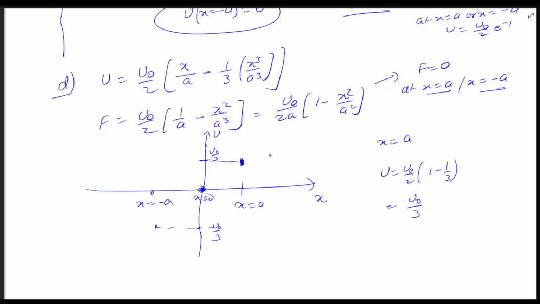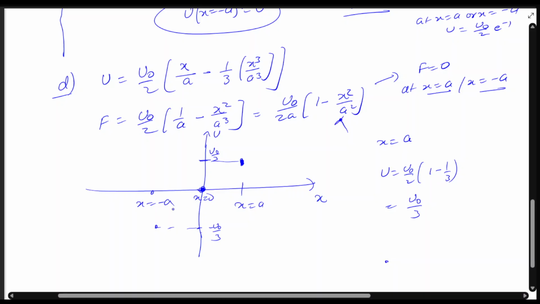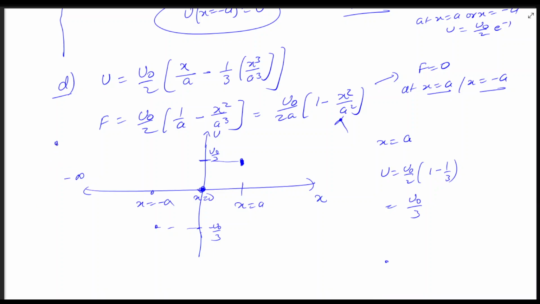Because force is 0. Now if I put x as infinity, so infinity to the cube is more negative, so it will be negative. So for x infinity, you will go in the downside, not here. And for x minus infinity, you will go here. So we'll have graph like this, right? So slope here and here is 0, right?